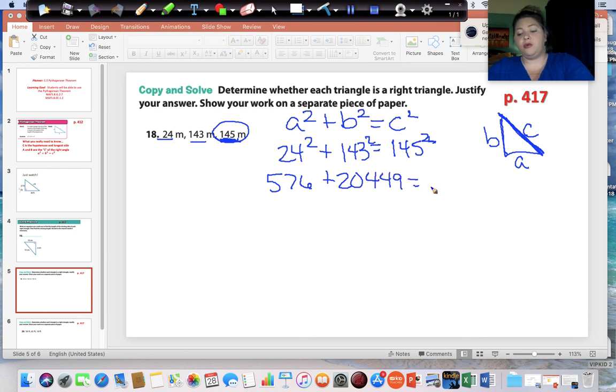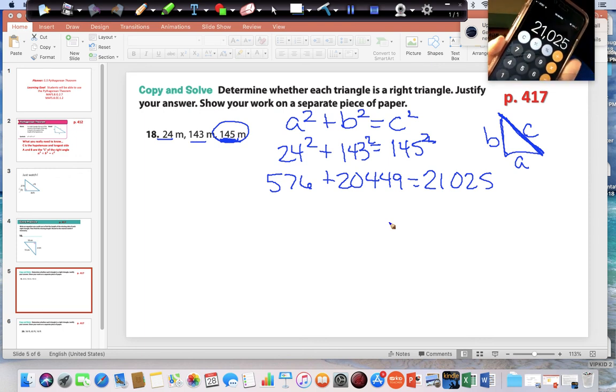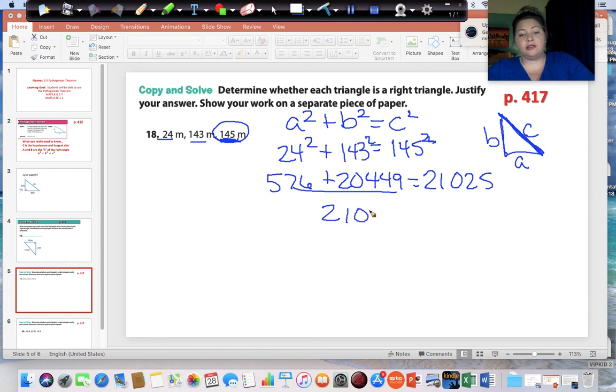And then we need to do 145 squared. 145 times 145, we get 21,025. Okay, and then we need to check to see if this is correct. So we need to add 20,449 to 576, and we do get 21,025.